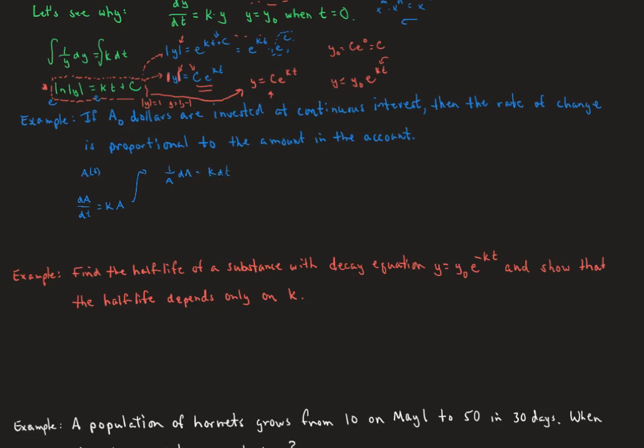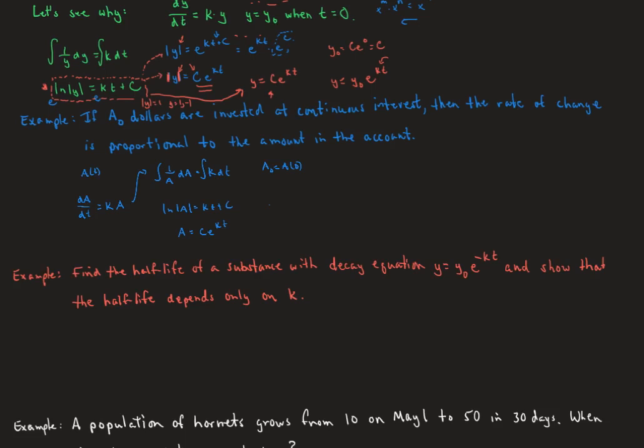We'll integrate both sides and get the natural log of the absolute value of A is equal to kt plus c. We're going to go straight to A equals c e to the kt, so we don't have to show those steps in between. And A sub 0 is the amount we have at time 0.